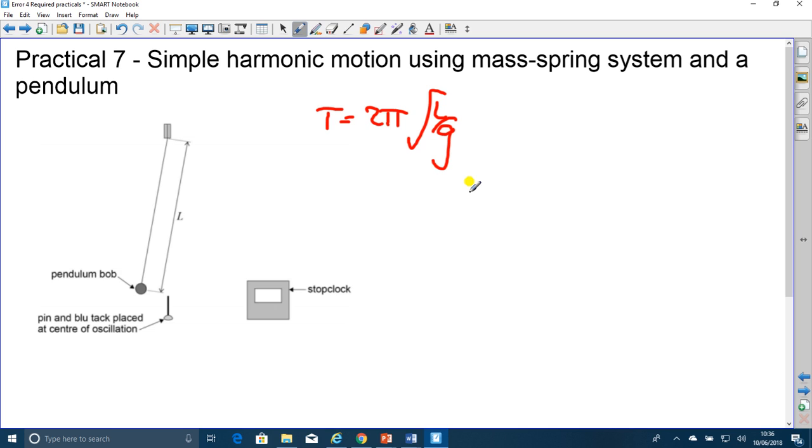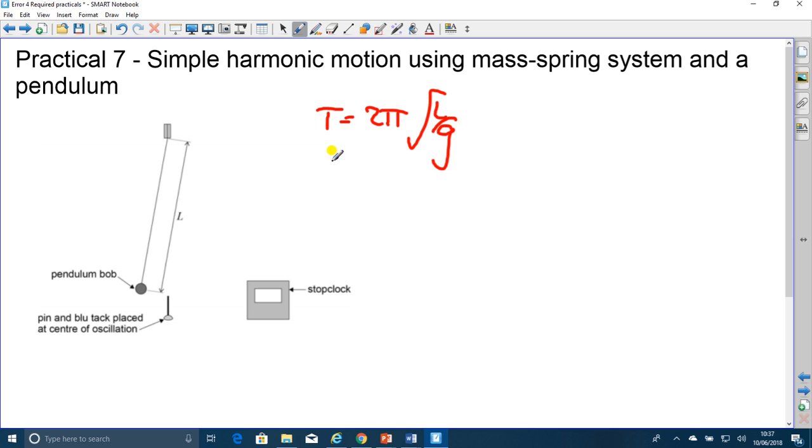So when we did this, we could plot different graphs to find this out. Now, this is quite important, actually. When we're taking readings for time for a pendulum, it's important that we take, say, 20 oscillations. We know that each oscillation is the same amount of time, but human error, I realise stop clocks measure to a 100th of a second, but a human can only do about a 10th of a second. So there's an inherent error here which we can do nothing about.